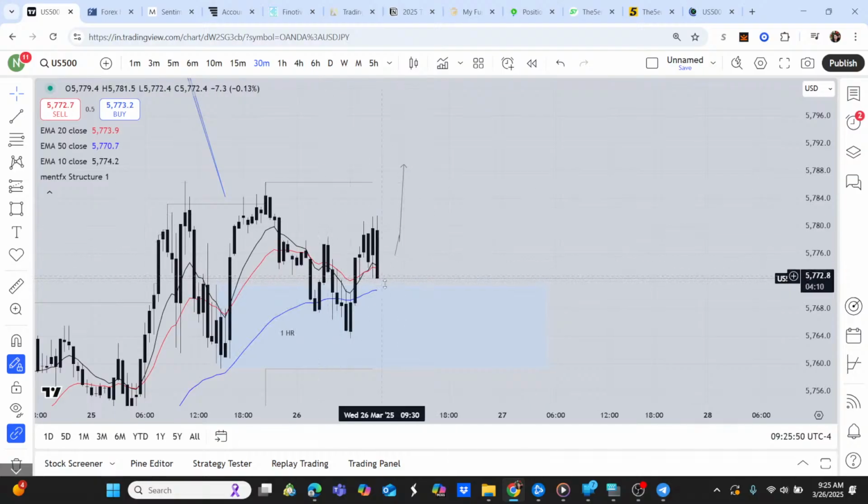If it doesn't hold this area right here, then I will have to wait again for it to pop back up, because then I will consider this a reflush.